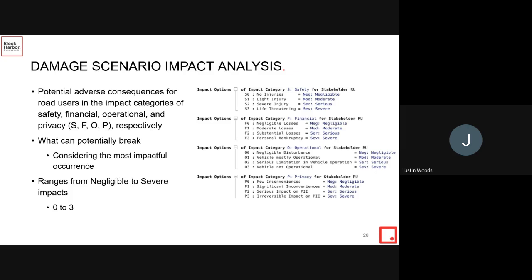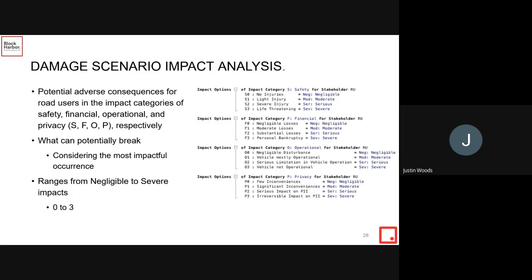So what this is saying is we've come up with a damage scenario. We have the threat scenarios associated with it. Now, you have to look at how bad actually is that damage scenario, and you want to look at the absolute worst case while still staying in the realm of possibility, right? You don't want to say, oh, well, we're able to turn on our blinker without requesting it, so that must mean that we're going to have like a 30-car pileup.